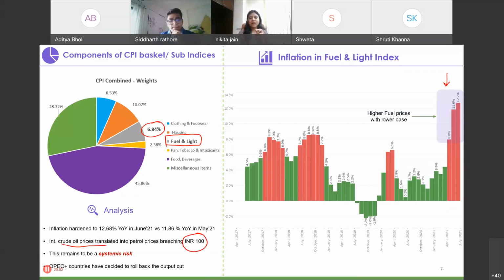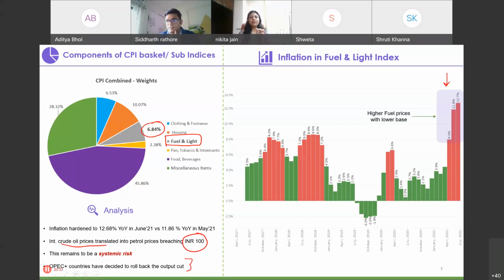But being a non-core factor, this might not be of very much concern, because recently there was also an OPEC plus deal which finally concluded, and there was agreement that the output cut, which was in place for a very long time, might now be eased out. So we can see some increase in the supply of crude oil in the future, which might then reflect in the prices of fuel in our country.